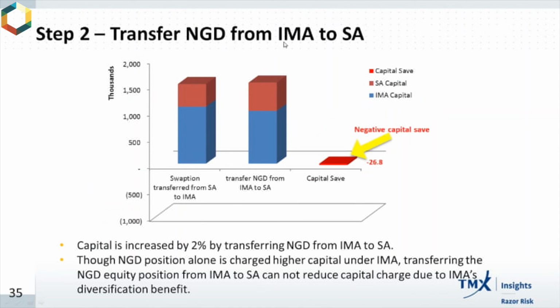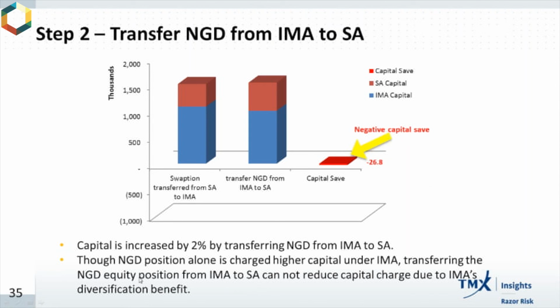After transferring NGD from the IMA desk to the SA desk, the IMA charge was reduced, but the SA charge increased a lot. And the total charge, instead of going down, goes up 2%, and the capital save is negative.